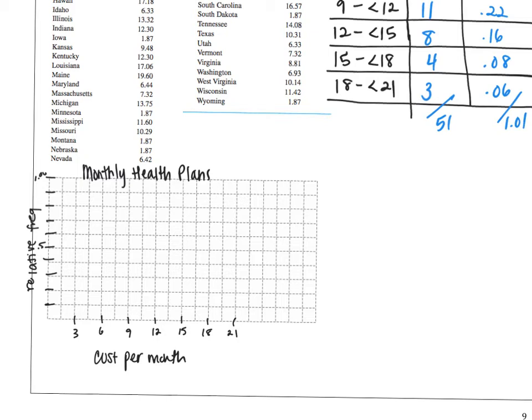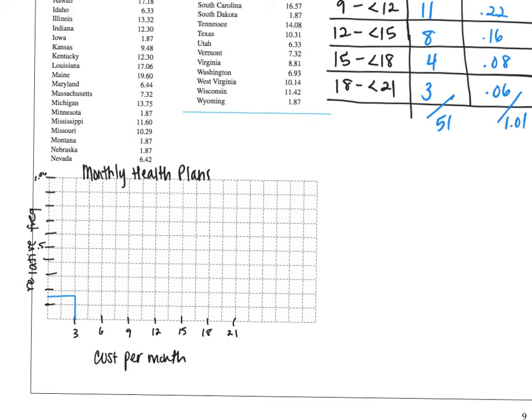So from 0 to less than 3, I have 0.14 as my height. So right here, this tells me from 0 to less than 3, those values are going to be within here. And I know 3 does not fall on this bar, it's going to fall on my next bar. So that's because of the table. The table is so important.